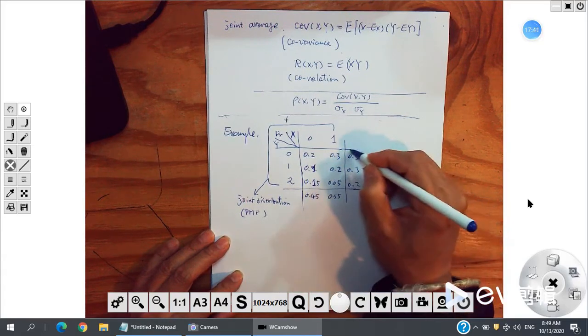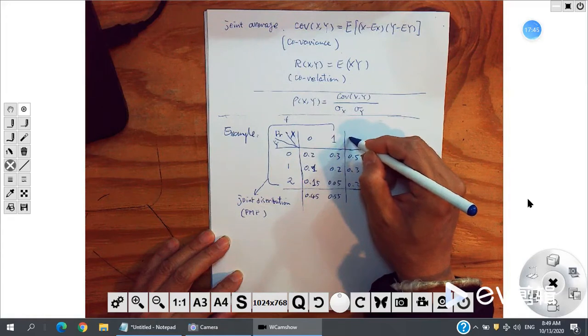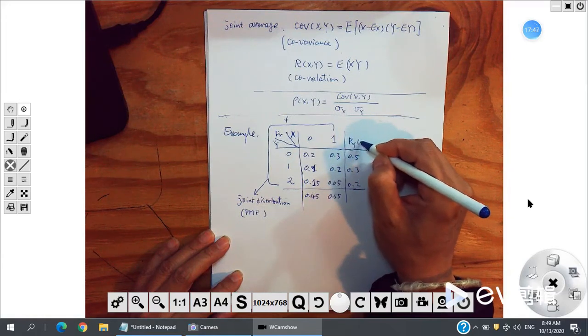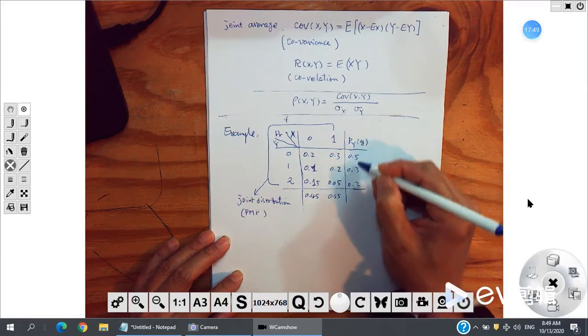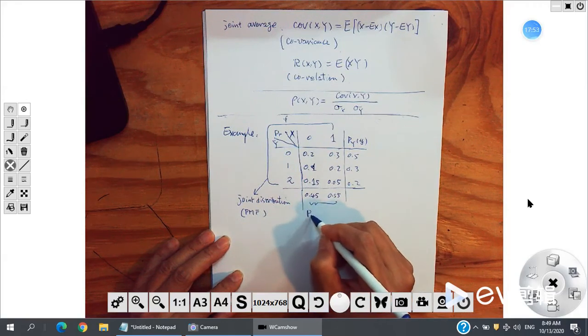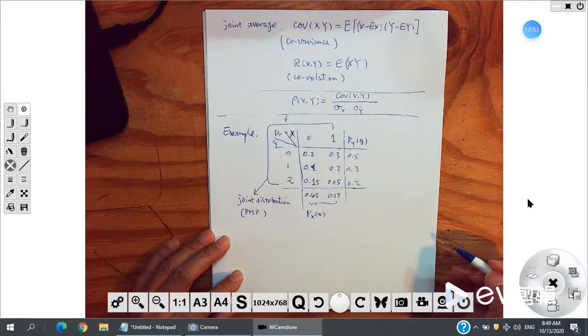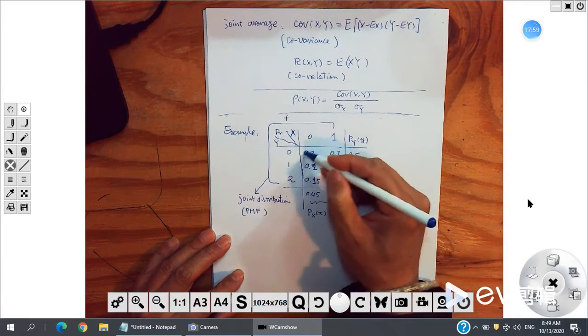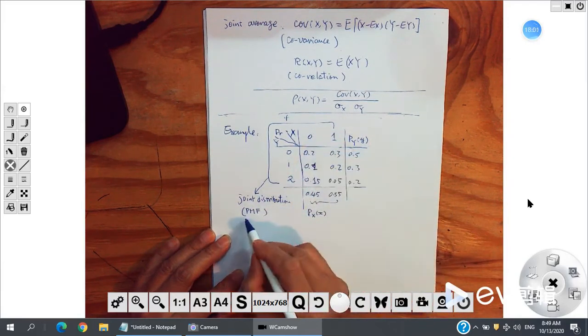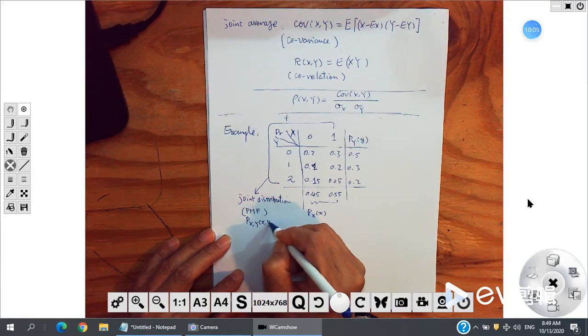So this column is p_Y of y, right? And this column is p_X of x, right? And in the middle part, that is the PMF of both. It's the joint one.